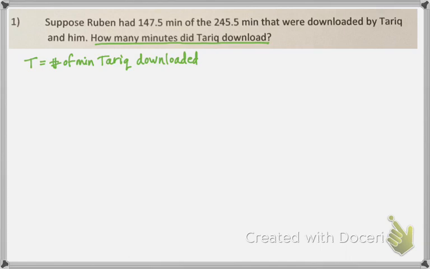Ruben had 147.5 minutes of the 245.5 minutes that were downloaded by Tarek and him. So it looks like Ruben had 147.5 minutes, okay? And then it's talked about there being 245.5 minutes that were downloaded by Tarek and Ruben.